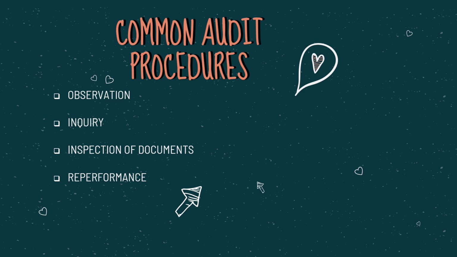The third one is inspection of documents. Auditors may examine business documents for approvals, signatures, stamps, or review check marks, which indicate that controls have been performed.